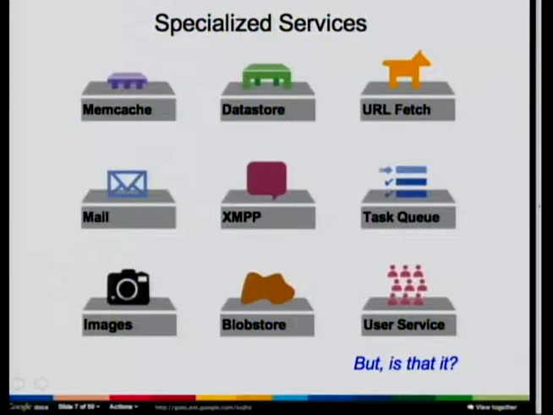The other services, I won't go into all of them, but they provide very useful functionality. So XMPP, for example, for chat. If you want to build a chat application, you can use that service. Task queues, I spoke about in my previous talk, where we're introducing even a new type of task queue known as pull queues. It's for offline processing, so for processing that is not within the context of a web request.